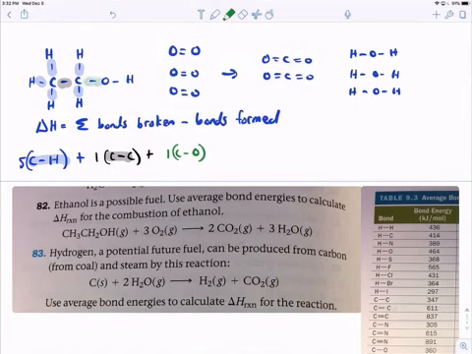And if you are colorblind, I do apologize. I'm trying to color code these to make it easier.